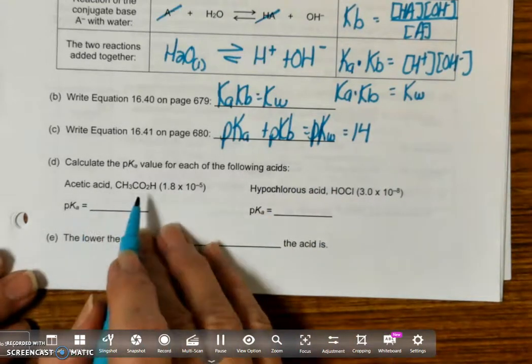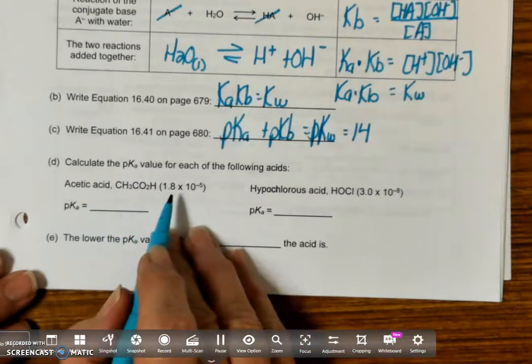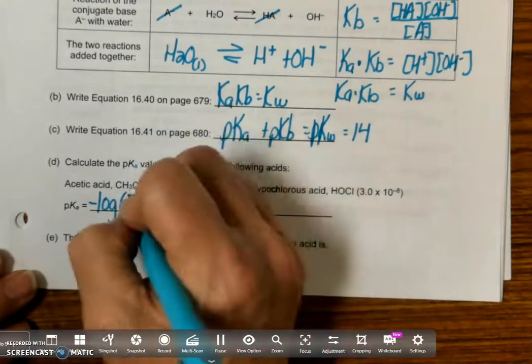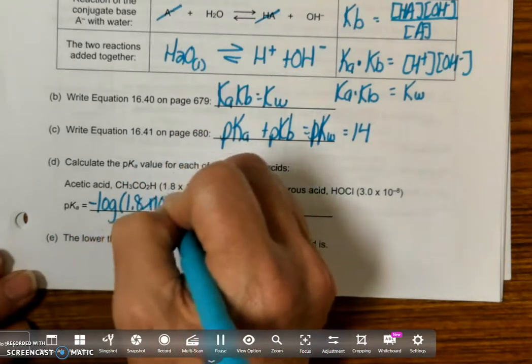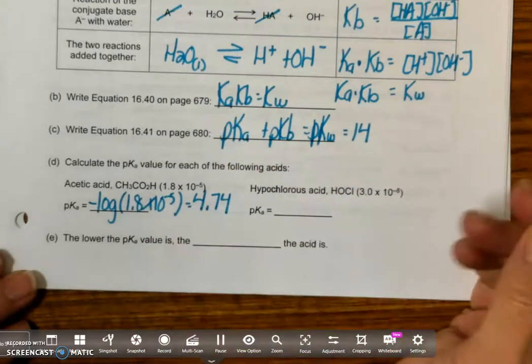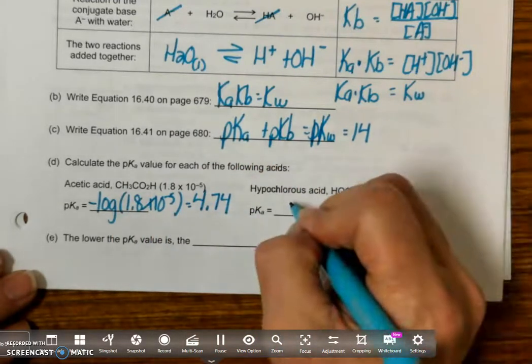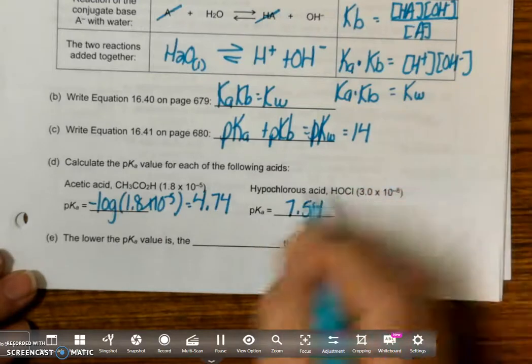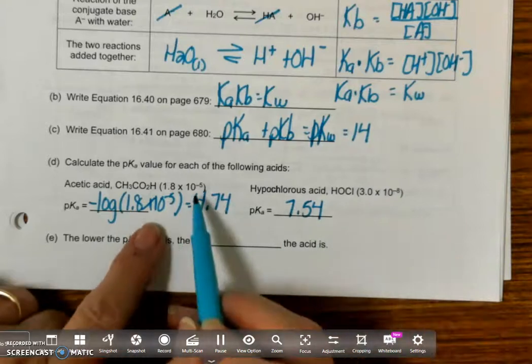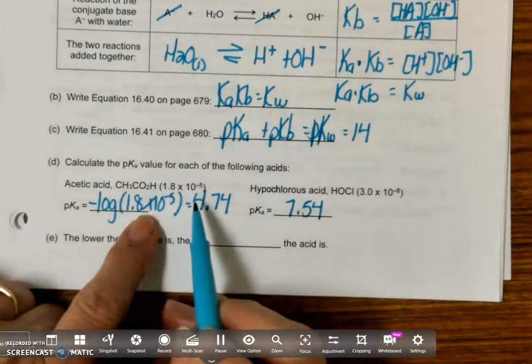So, for instance, this is acetic acid. That's its Ka. Its pKa, remember, is just the negative log of 1.8 times 10 to the minus 5, which is equal to 4.74. And I do the same here, and I get 7.54. Now, remember that this is the stronger acid.